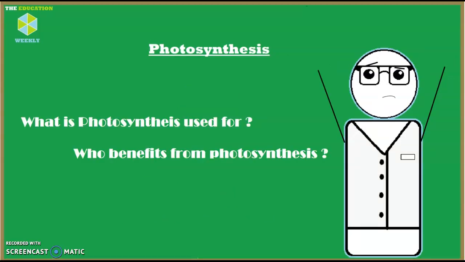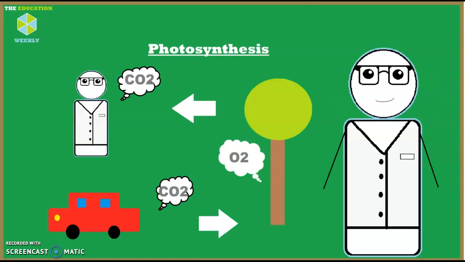Well, now we know what photosynthesis is and its formulas. But what is photosynthesis used for? Who benefits from photosynthesis? Well, first let's look at the first final material, oxygen. We breathe in oxygen. So, when the tree gives out oxygen from photosynthesis, we breathe it in and we breathe out carbon dioxide.